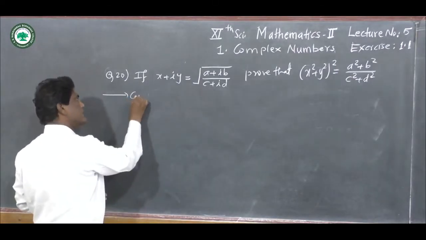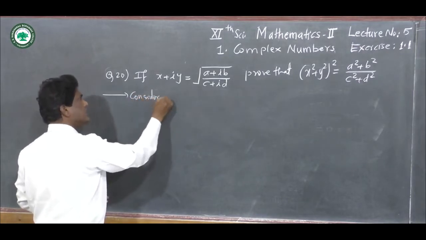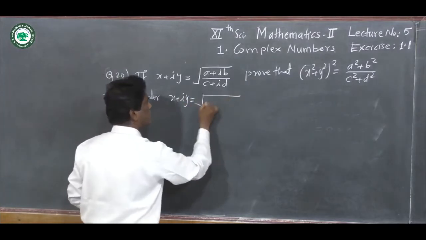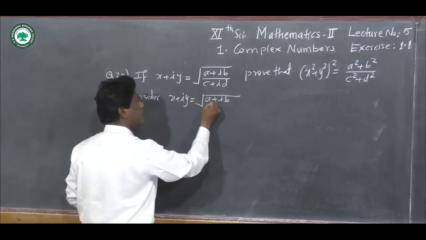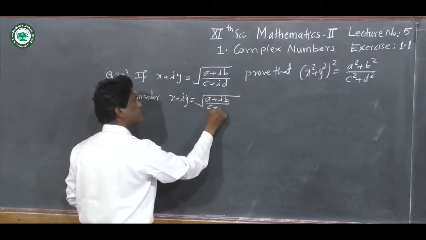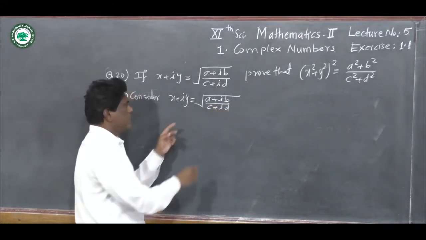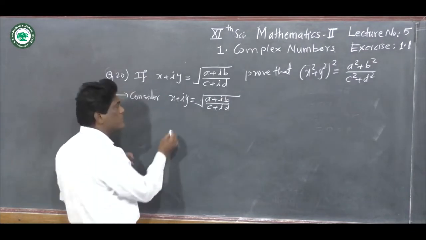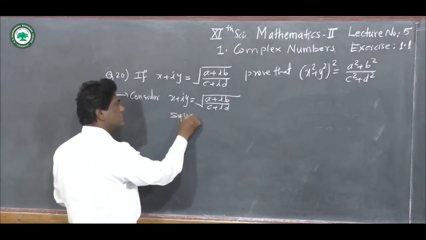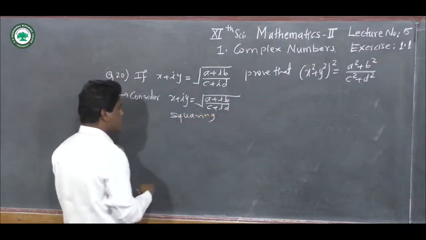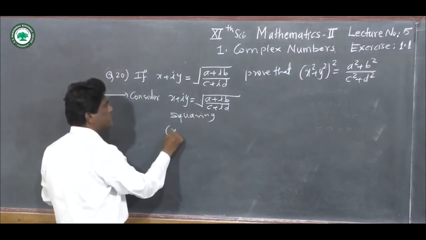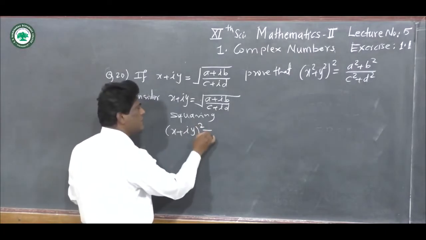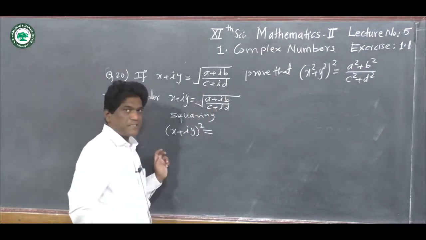So consider x + iy = square root of (a + ib)/(c + id). Now here it is a square root, so we have to remove this square root. So squaring on both sides, we get (x + iy) whole square is equal to, on the right hand side the square root and square get cancelled.